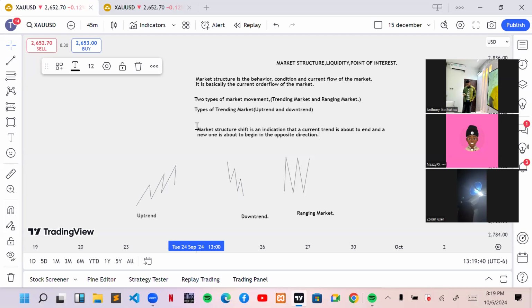That is what market structure shift is. It means it's an indication that a current trend is about to end and a new one is about to begin in the opposite direction.